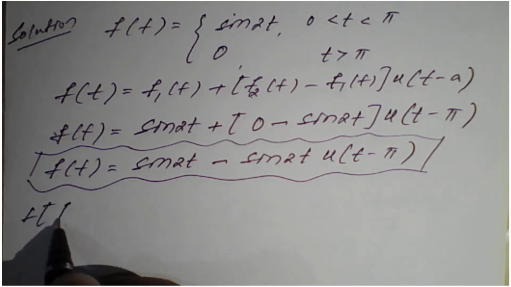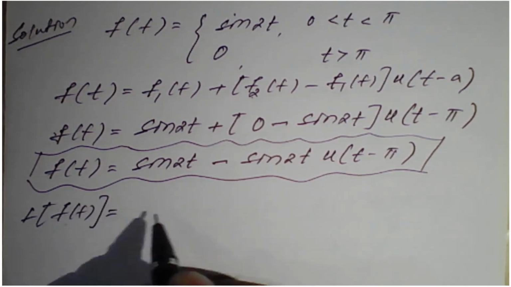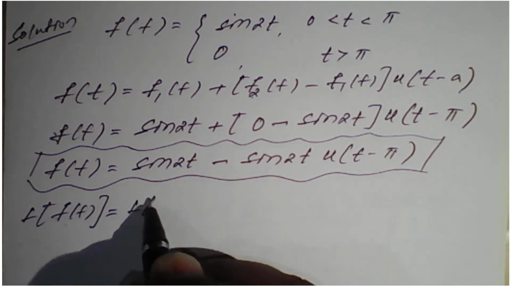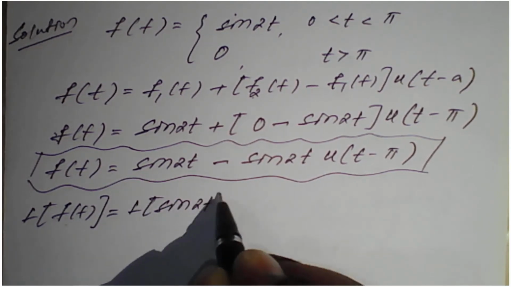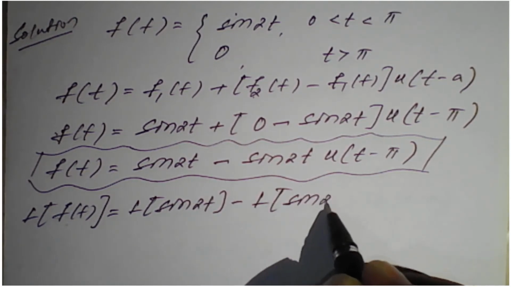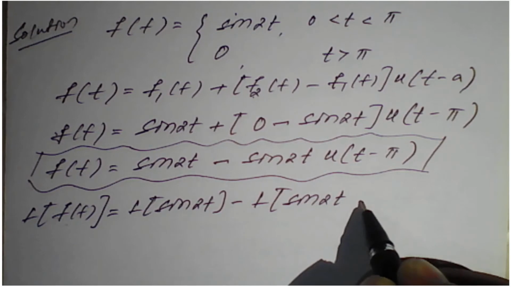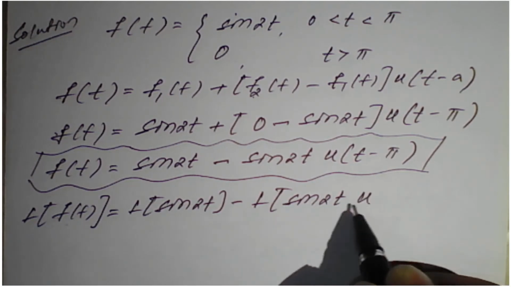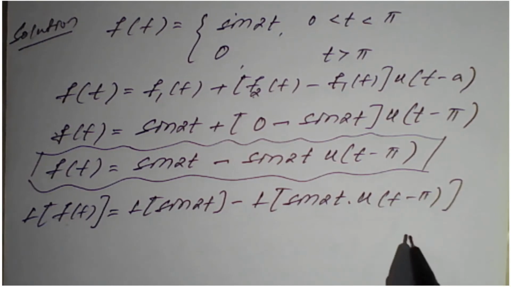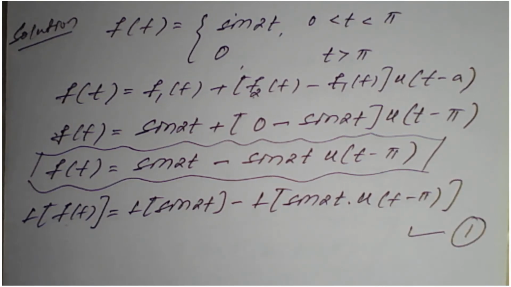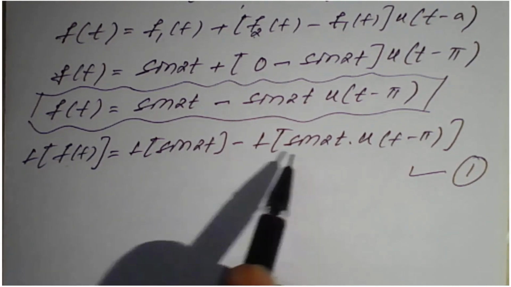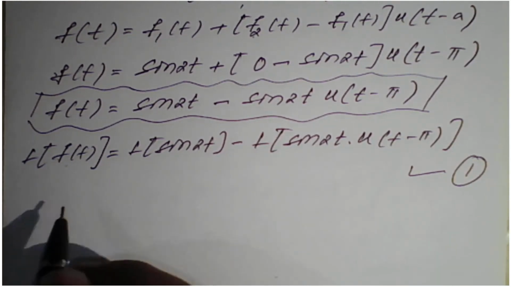So Laplace of f of t is equal to Laplace of sin 2t minus Laplace of sin of 2t into u of t minus pi. I will give equation number 1 for this. So we have two Laplaces here.